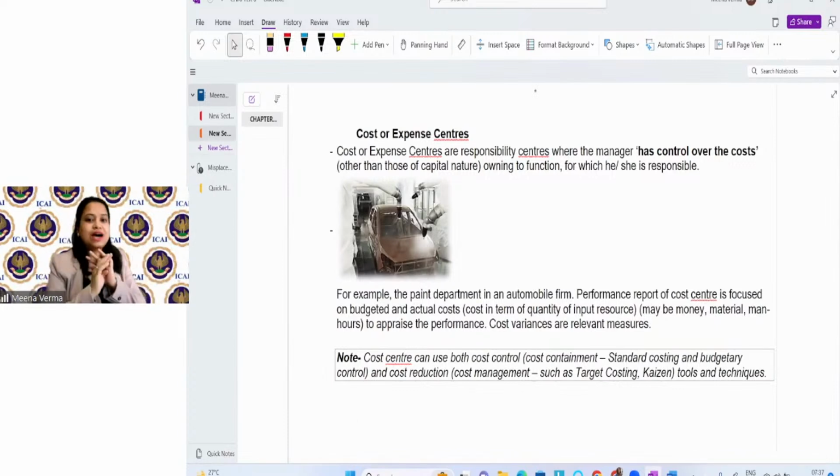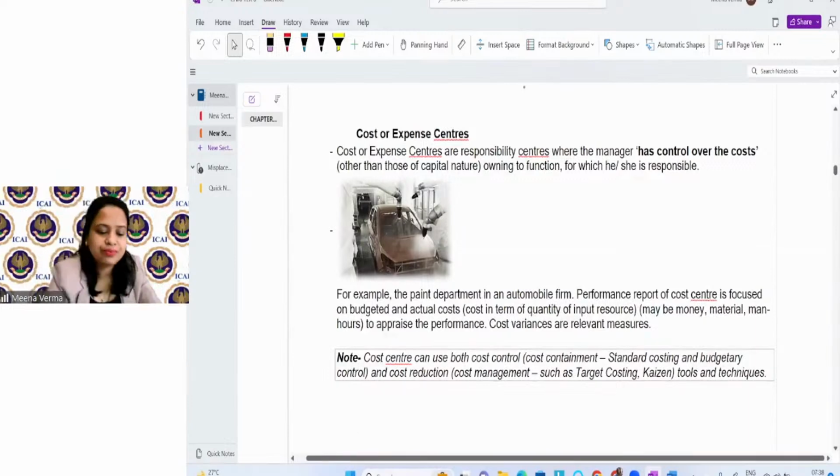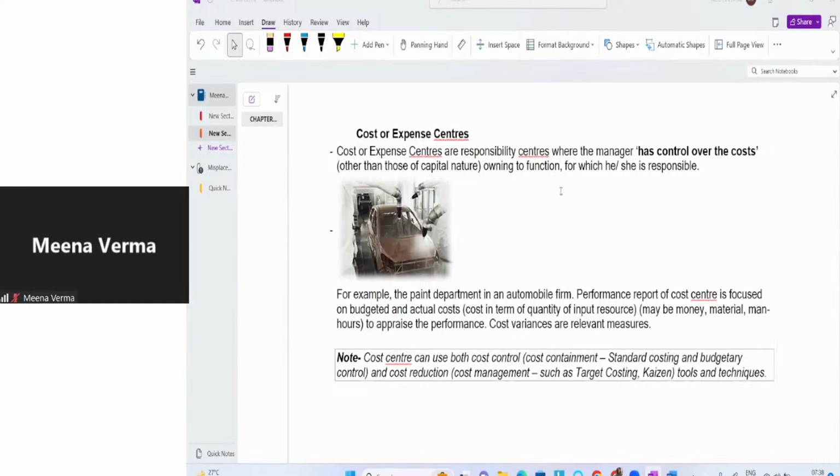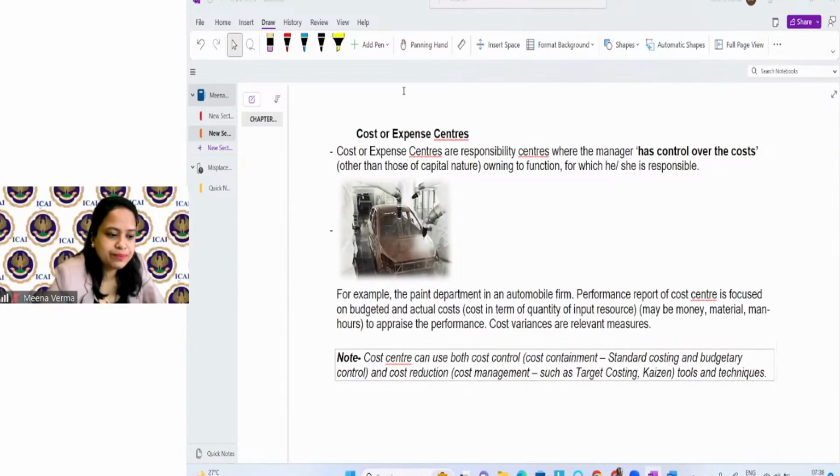So anywhere in the entire organization where you only incur cost, nothing else, no revenue, no profit, no investment, you can see where you are only incurring cost, nothing else.